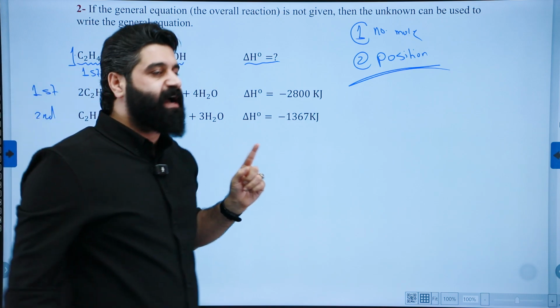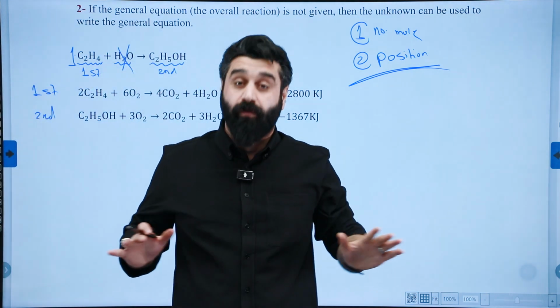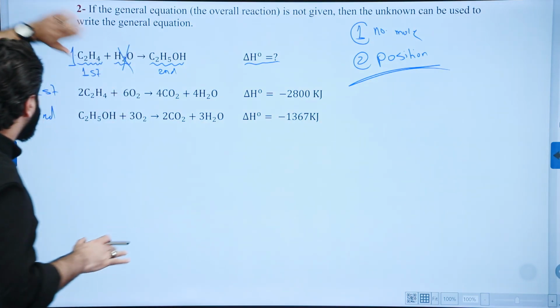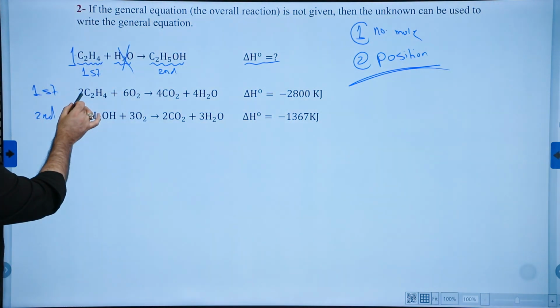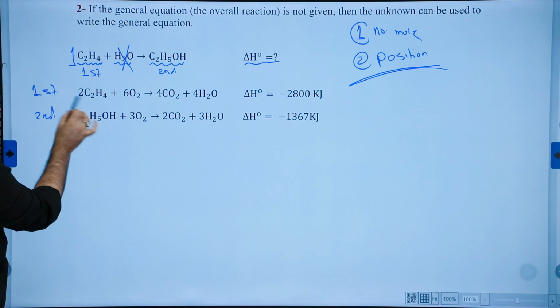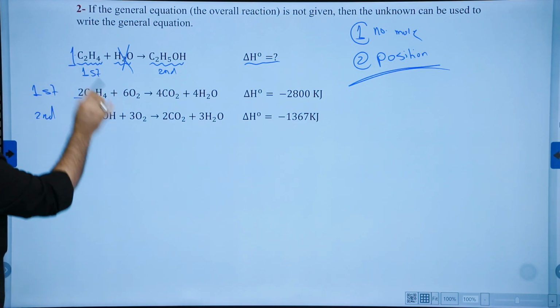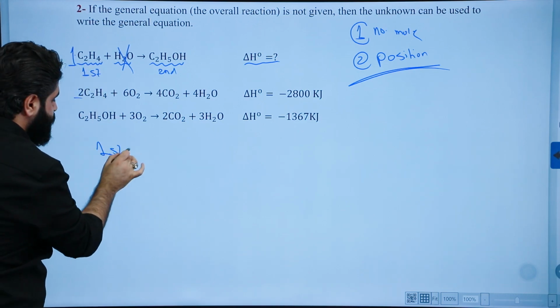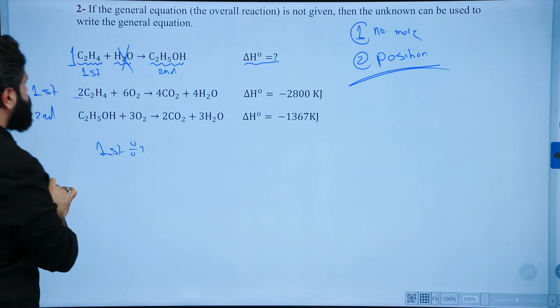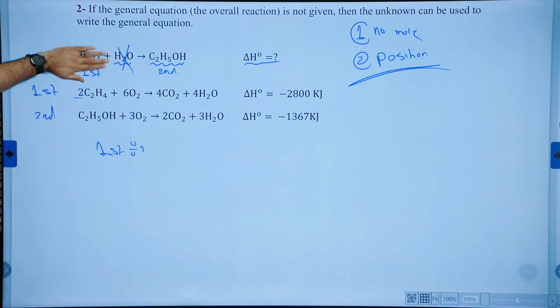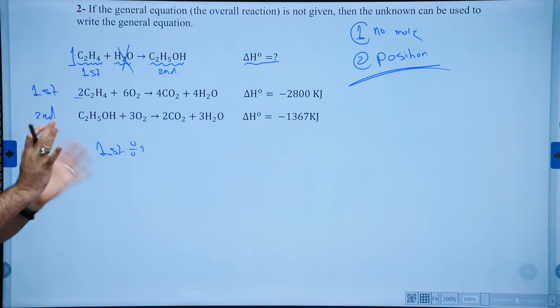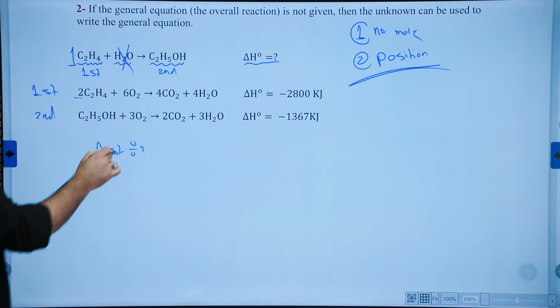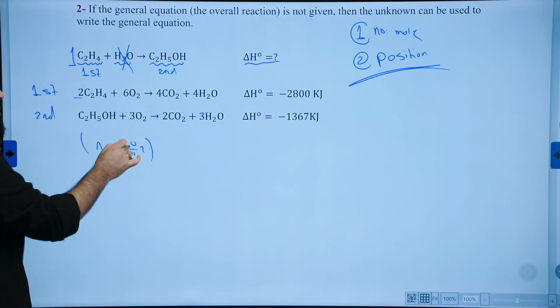But if you remember, I said never change overall. We don't change this. So the first reaction must be divided by 2, because this is 2, this is 1. And then the position. This is the other reactant. We have no problem with its position. Done with the first one.